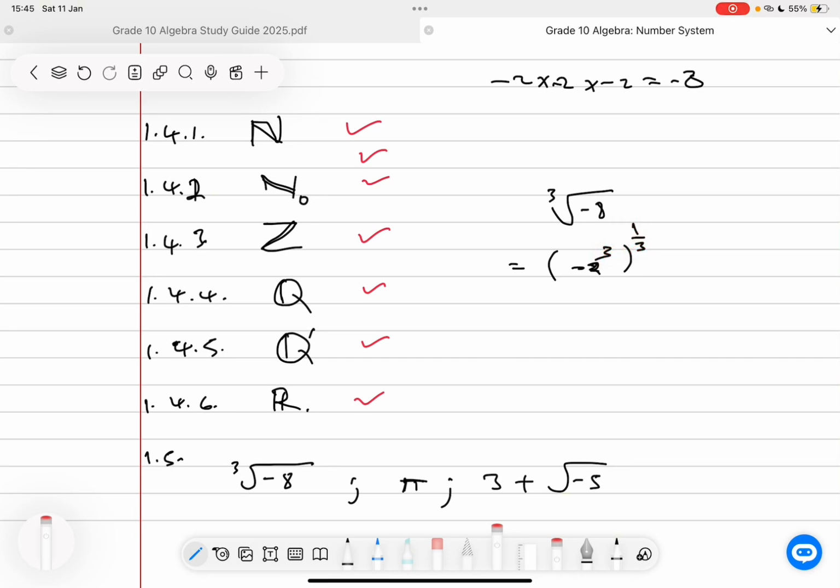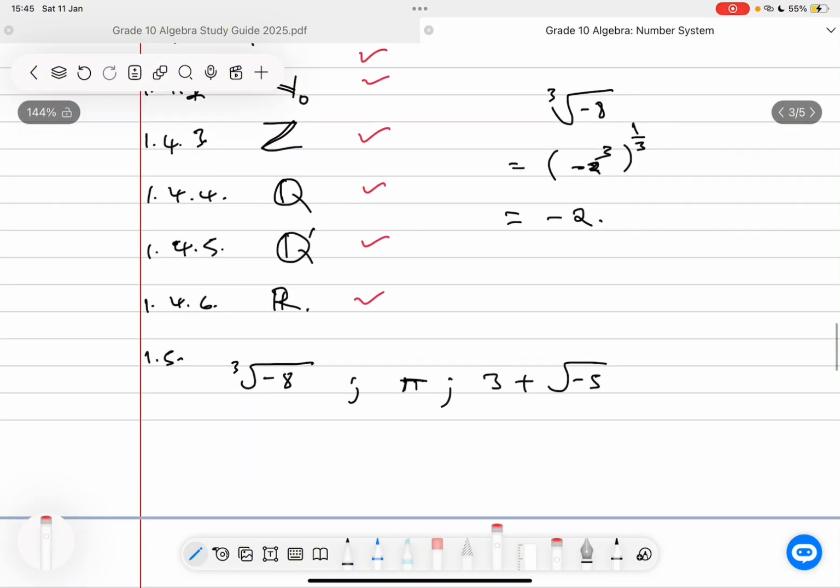It will be 3/3. When they cancel, you will only be left with -2, because they give you a 1 here, which we write as an invisible 1. So it's -2, your answer. This number is the same as -2.